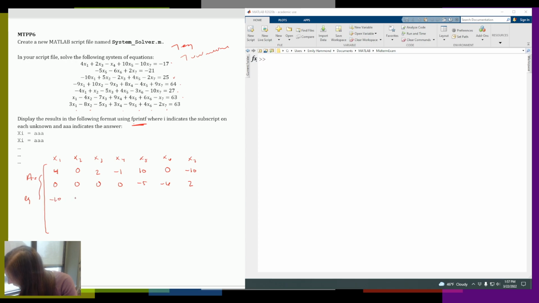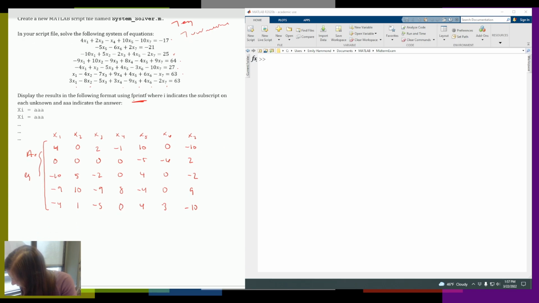Then negative 10, 5, negative 2, 0, 4, 0, negative 2, negative 9, 10, negative 9, 8, negative 4, 0, 9, negative 4, 1, negative 5, 0, 4, negative 3, negative 10, I keep going, 1, negative 4, negative 7, 9, 4, 6, negative 1, 3, negative 8, negative 5, 3, negative 9, 4, negative 2.